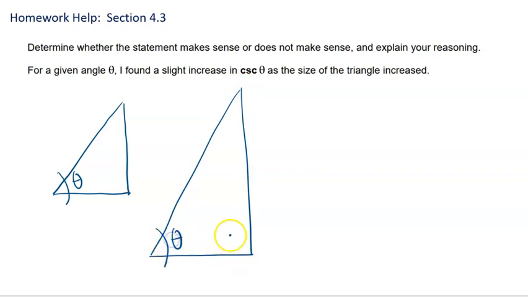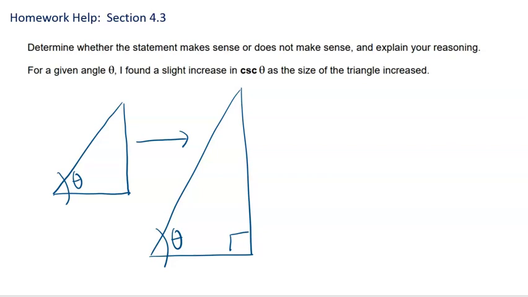You keep the angle theta and you just make the triangle bigger like that? Okay, we're going with that. I can always go back and look at the answers and see if that's truly what they're talking about, because they didn't say anything about the angle increasing. They said the size of the triangle increasing. Okay, so that's what we're doing. We're saying this triangle goes to this triangle. Theta stays the same.